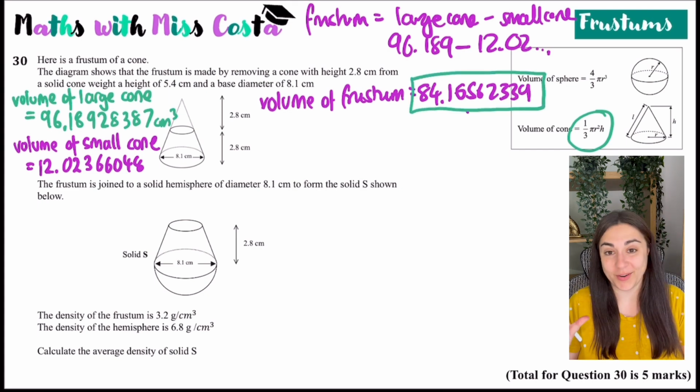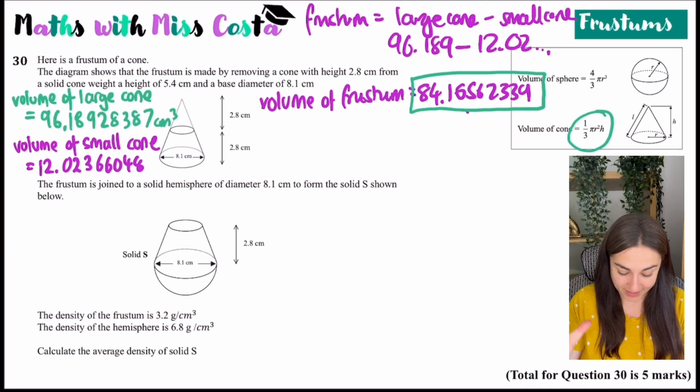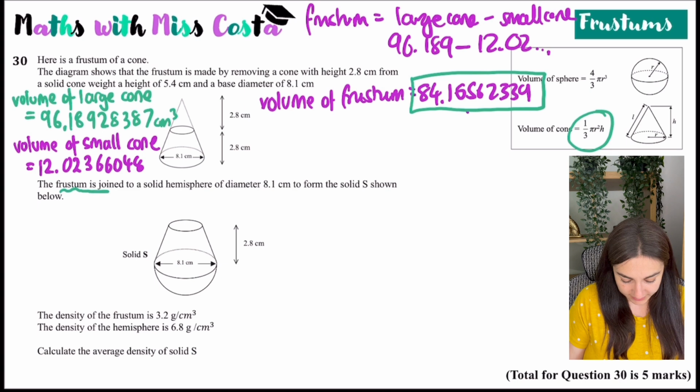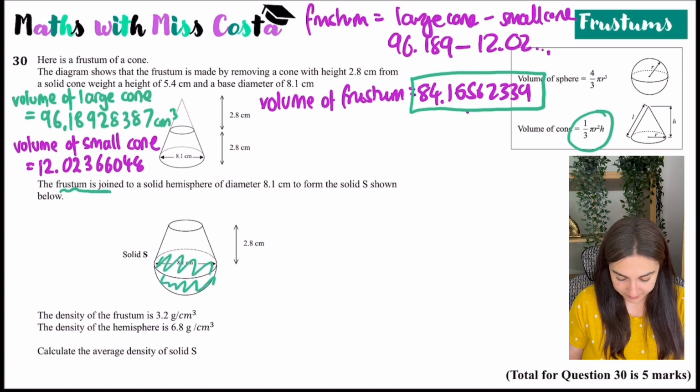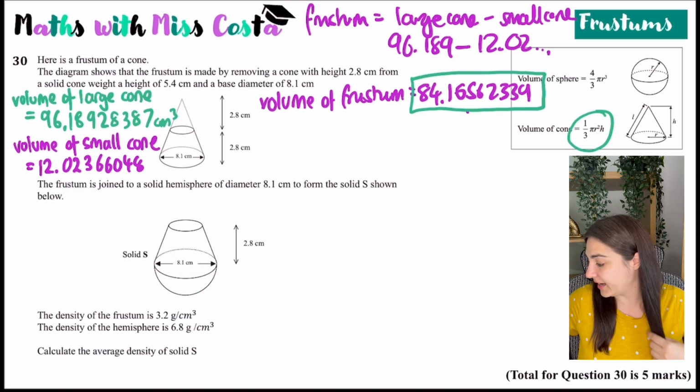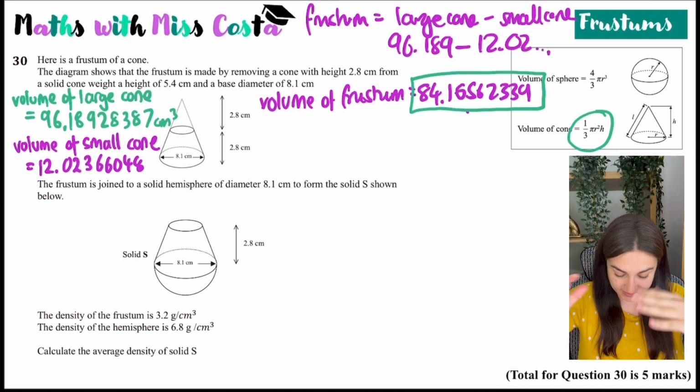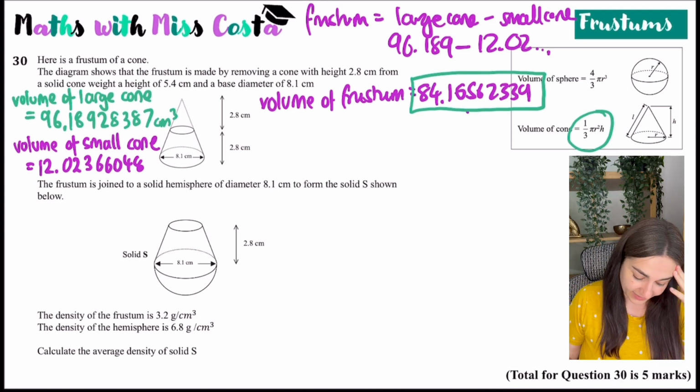So I know that that is the volume of my frustum. I then am told that the frustum is joined to a solid hemisphere. So this is the hemisphere, it's half of a sphere, which has the same diameter to form a solid. So it's literally got the same little circle as its base, and they smush it together and it forms this nice strange shape.